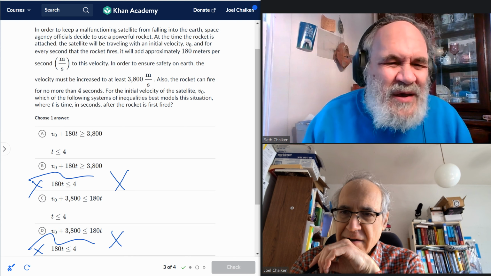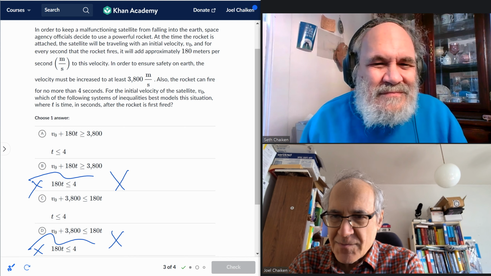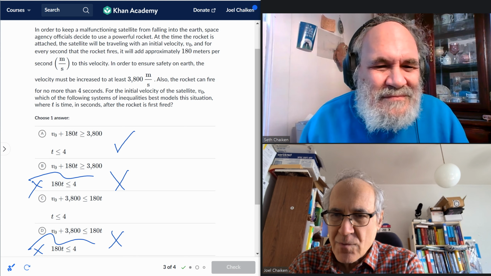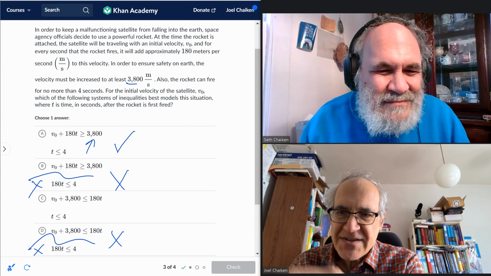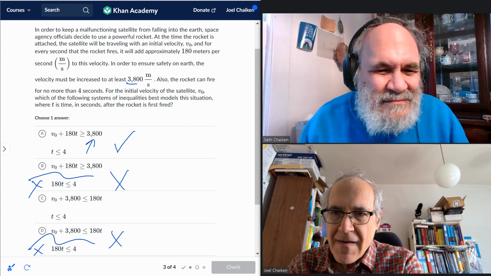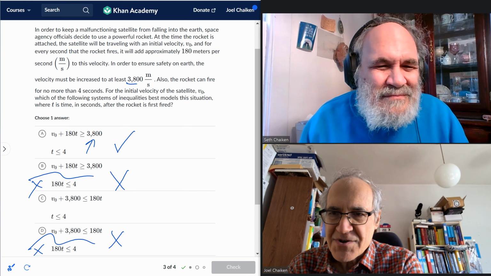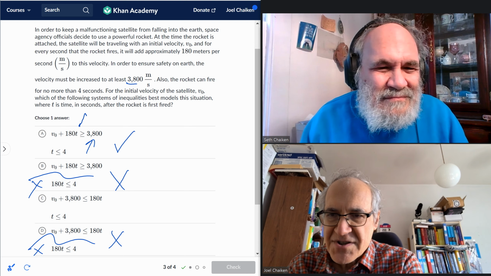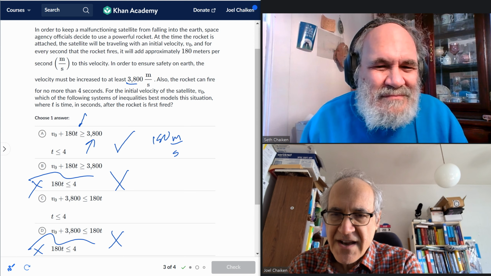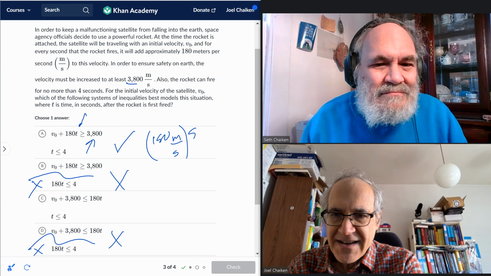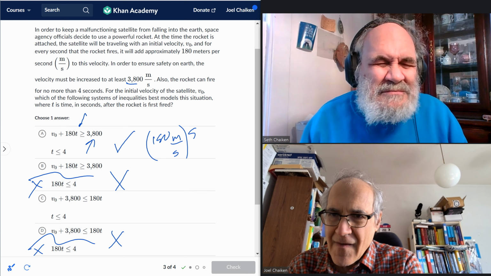Okay, good. Now, it seems like this would be the right answer, because you want the velocity to be at least 3,800, but this is a physics question. The initial velocity plus the 180 meters per second, multiplied by seconds. We'll add approximately 180 meters per second, per second.